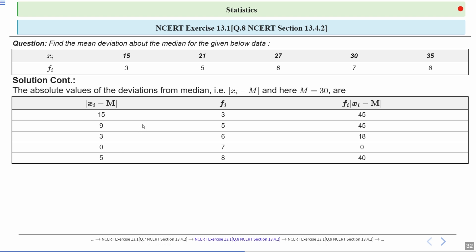In the second column of this table we have the corresponding frequencies fi. The values of fi are 3, 5, 6, 7 and 8, and then we multiplied fi with the absolute values of xi minus the median m. The values of fi multiplied with the absolute value of xi minus m are 45, 45, 18, 0 and 40.